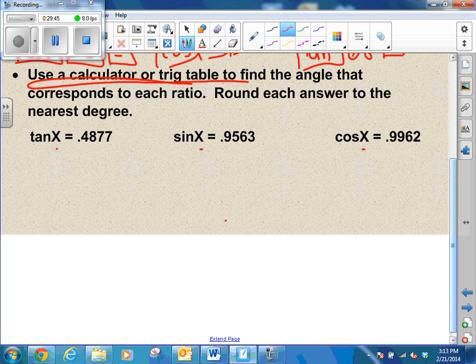Okay, now, on your calculator, to do this, you have to find the inverse function, which is the tan to the -1. You're going to hit that, so some of you have to hit second tan, others have to hit shift with tan. Okay, so second tan, bring that up on your calculator. Type in 0.4877. Don't forget the decimal.